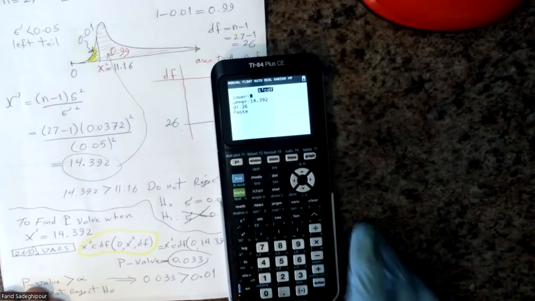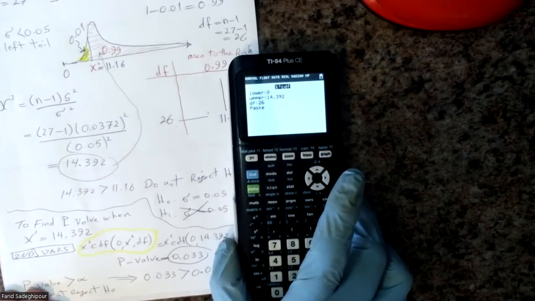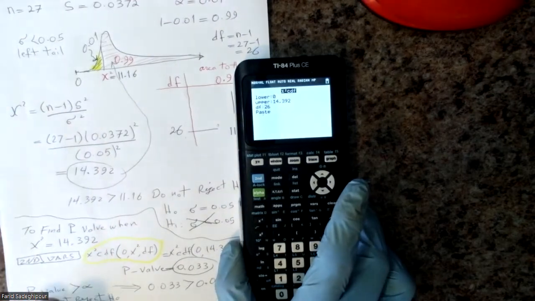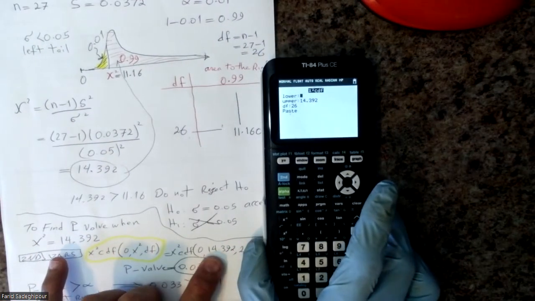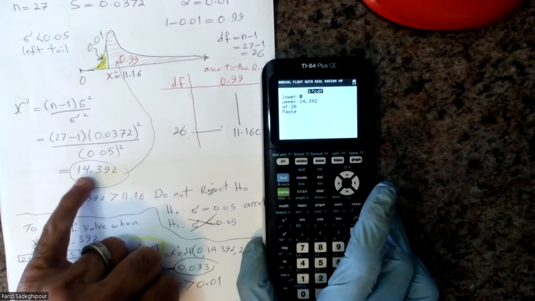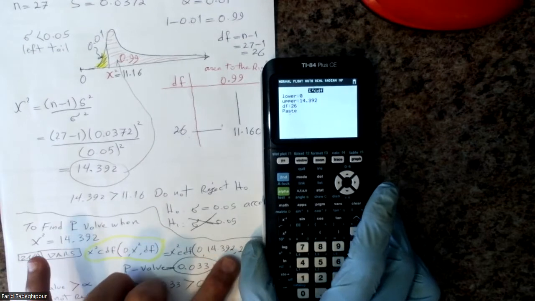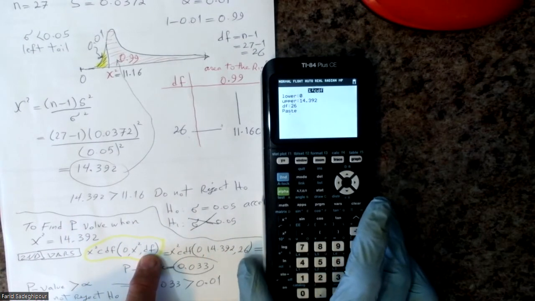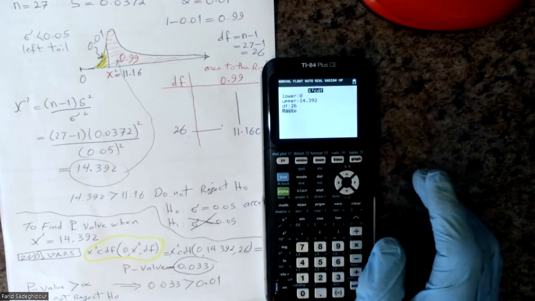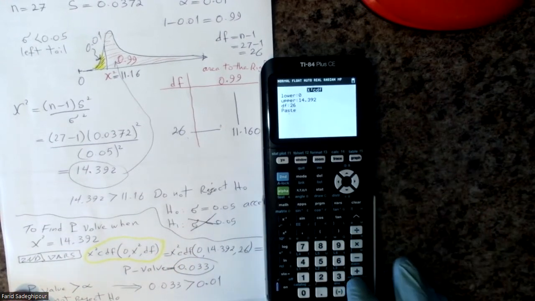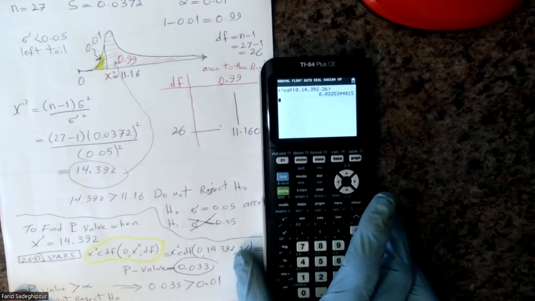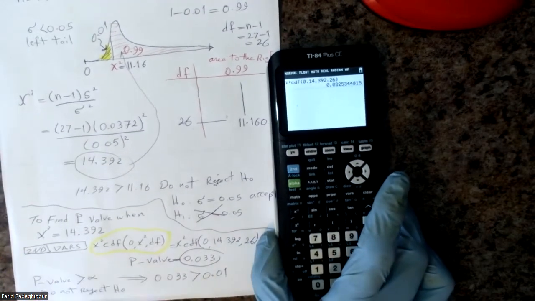And then the lower is always 0 because we start from 0. Upper one is 14.392. We want to find the area for this x2. And df is 26. So you put in these numbers. That gives you 0.033.